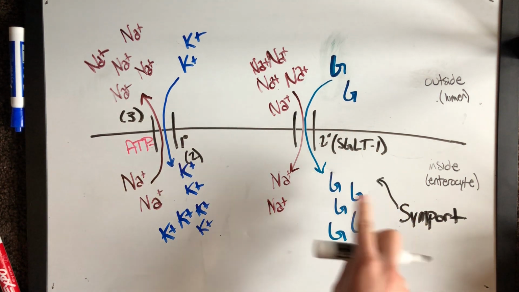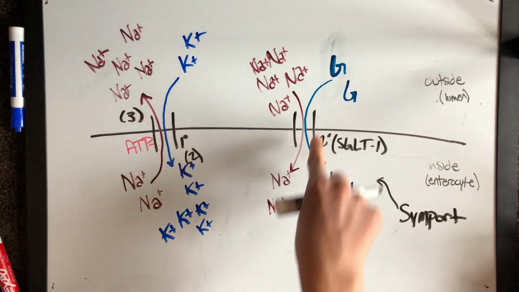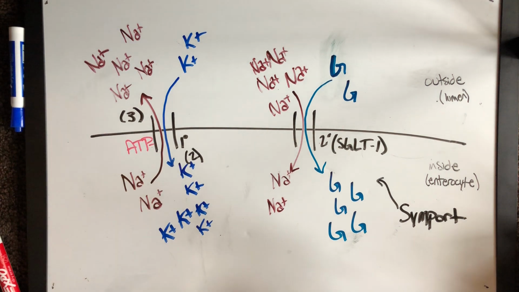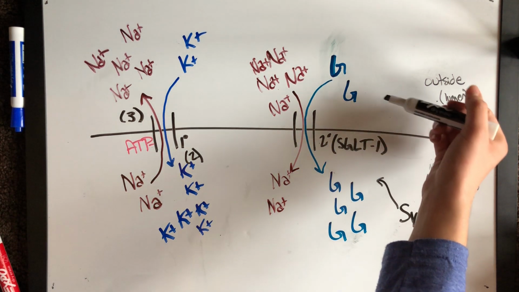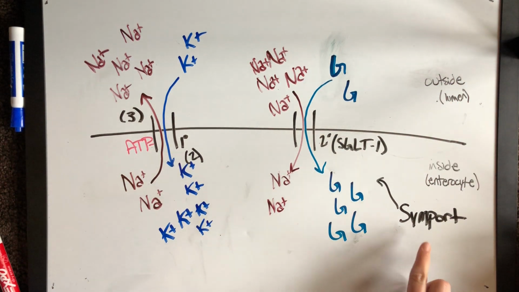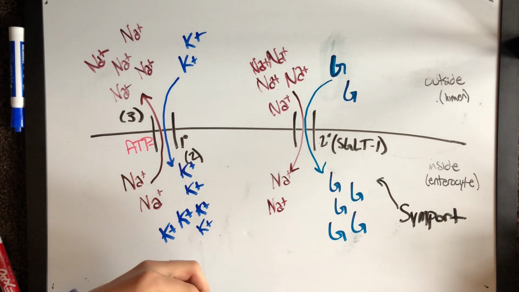For symport, molecule 2 is moving in the same direction as molecule 1, and for antiport, molecule 2 would be moving in the opposite direction as molecule 1, which in this case is sodium. But for sodium glucose transport, it's always going to be symport. I would definitely know the difference between symport and antiport. Okay. Cool. So that's important to know.